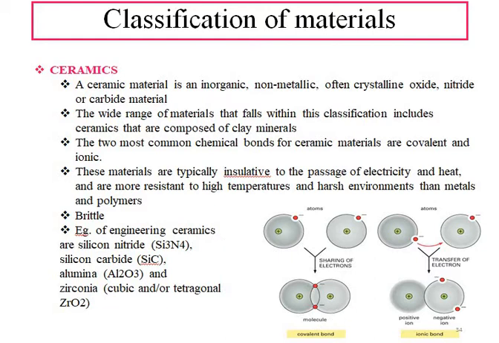So let us see what a covalent bond is in detail from this figure. Consider two atoms like this one, A and B. These two atoms have a center of positive nucleus, which consists of neutral neutrons and positive protons, and an electron revolving around it.